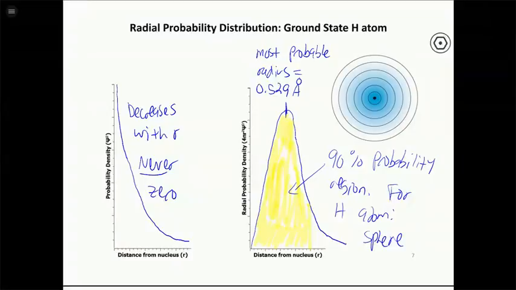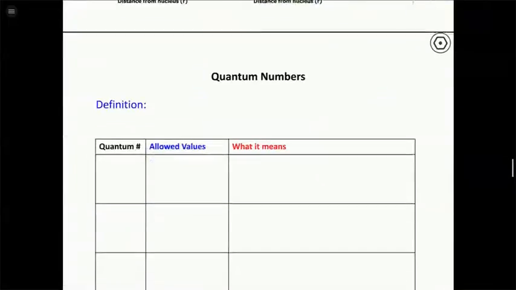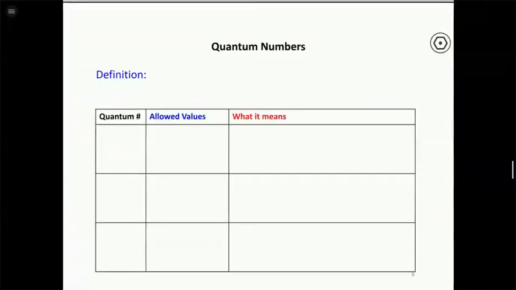All right, so to understand orbitals in more detail and to talk about these wave functions more specifically, we have to define what are called quantum numbers. And like I said, we're not going to do the full mathematical equations of wave functions, but we do want to understand some parts of them, which are called quantum numbers.